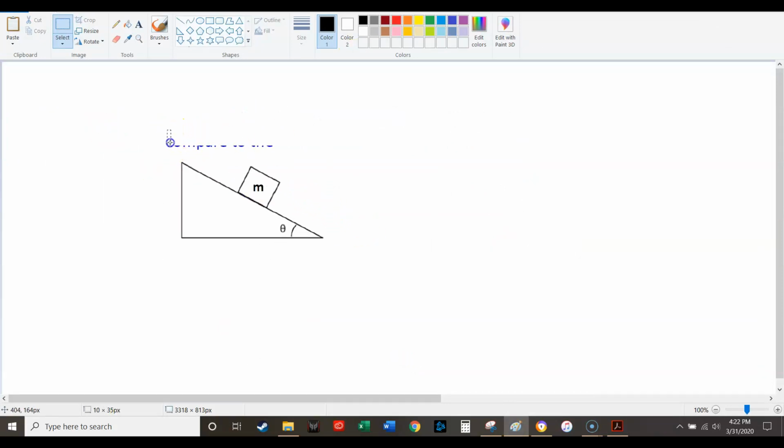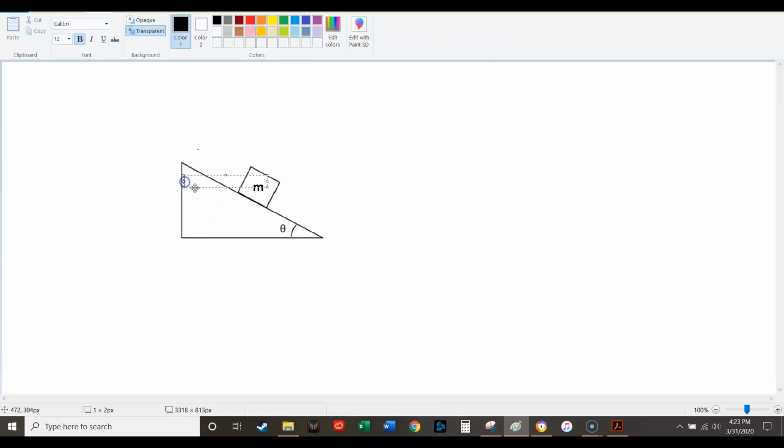All right, here is where we're at. Let's go ahead and put our coordinate system here. So if you notice right here, this is theta. And if that's theta and this is 90 degrees, this has to be 90 minus theta.